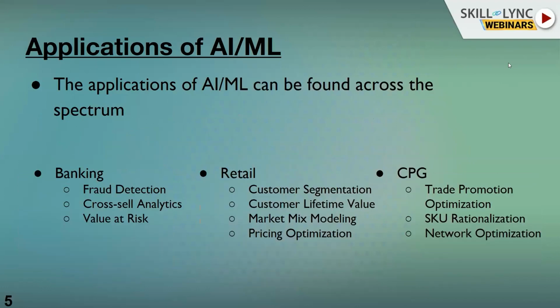So where are we seeing these AI applications? If we look at the industries at a very high level, these applications can be found across the spectrum. It is not specific to one particular industry, but all industries are adopting them. For example, if you look at banking, fraud detection is one of the biggest challenges for financial institutions.